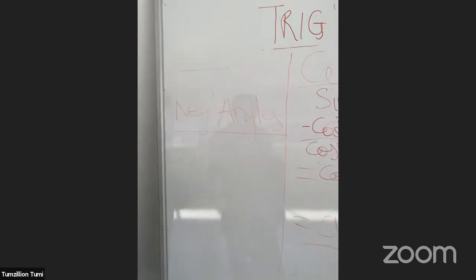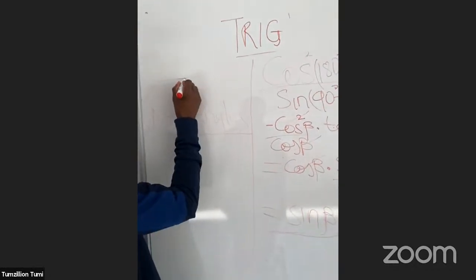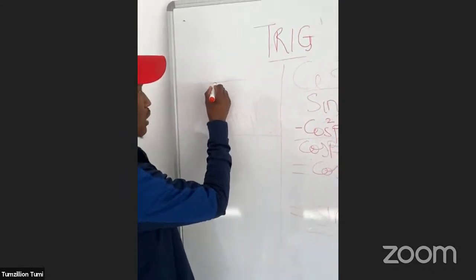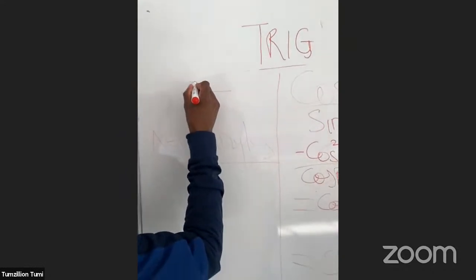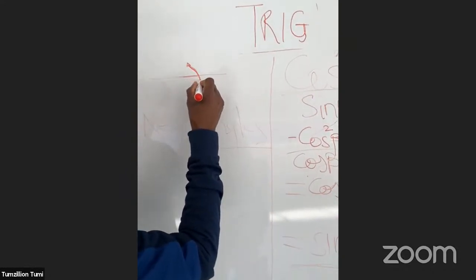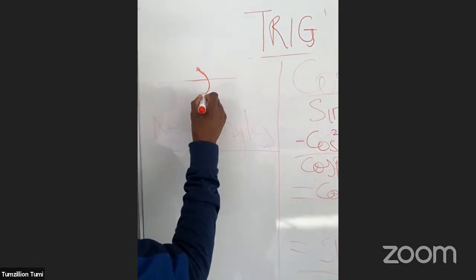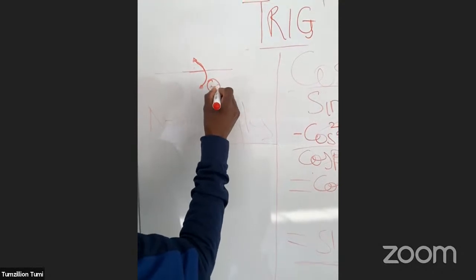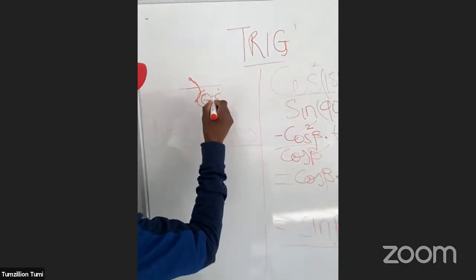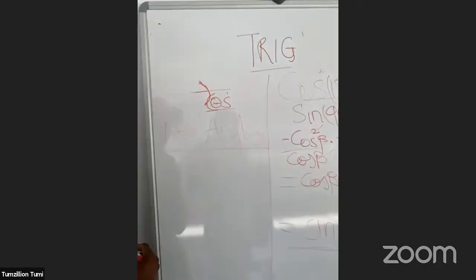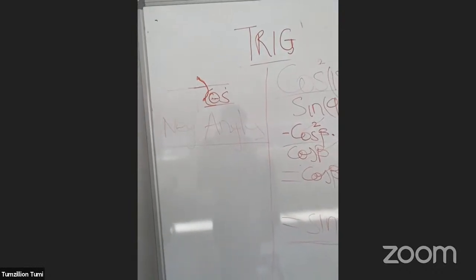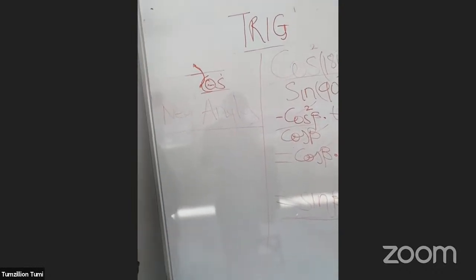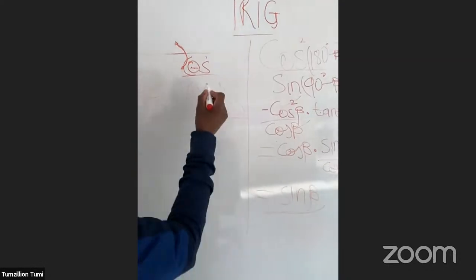Negative angles simply mean that if you were at the starting point here, instead of going anti-clockwise, you move in the clockwise direction, and the first quadrant you enter is the fourth quadrant. And in the fourth quadrant, we know that only cos is positive, of course, with its inverse. So negative angles are actually angles in the fourth quadrant.